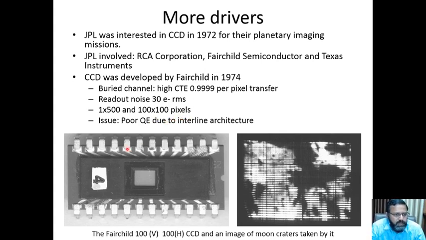So this is the picture of the 100 by 100 CCD that the Fairchild company developed, and this is the image of a moon crater taken by it at that time.